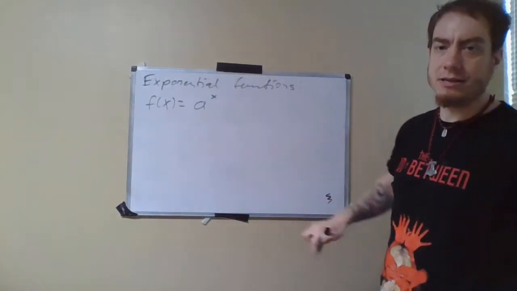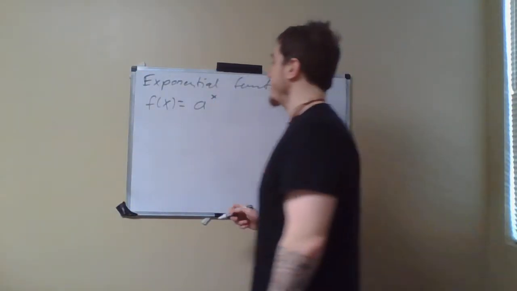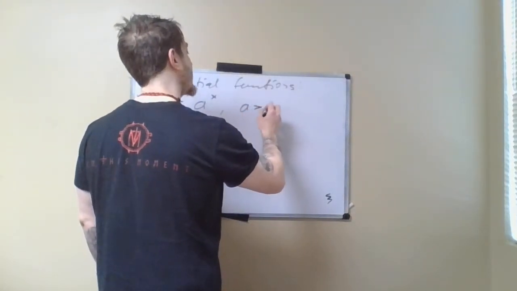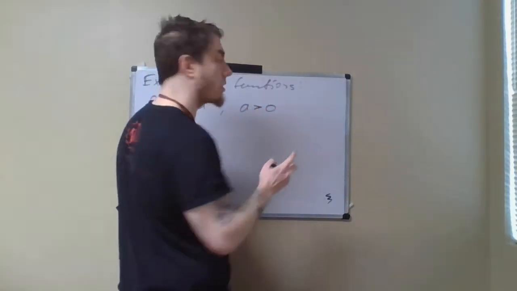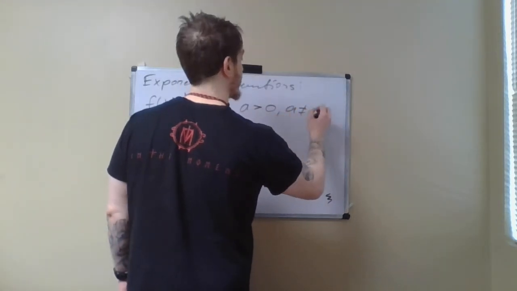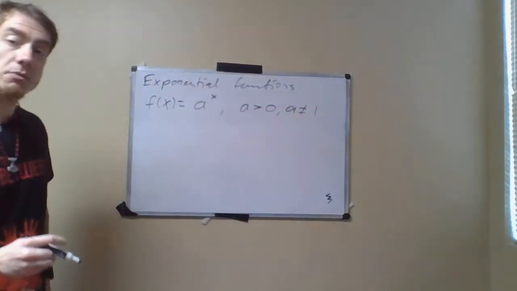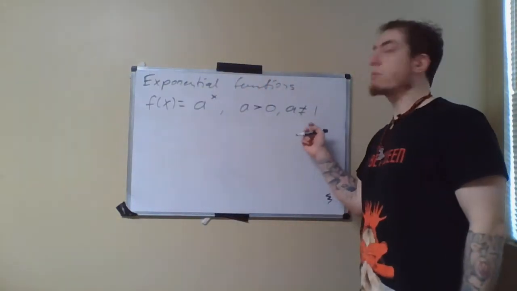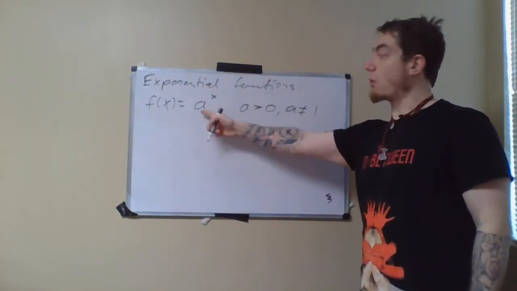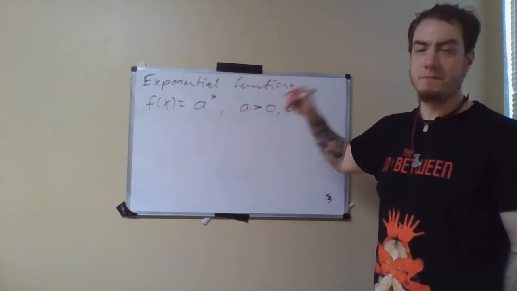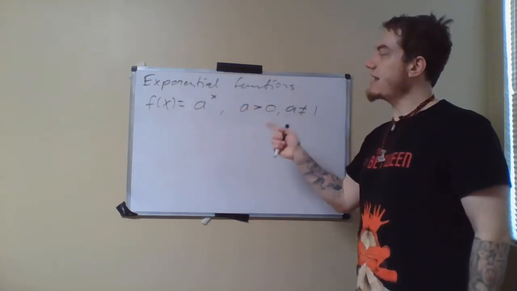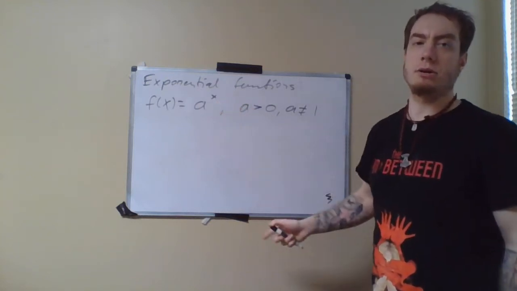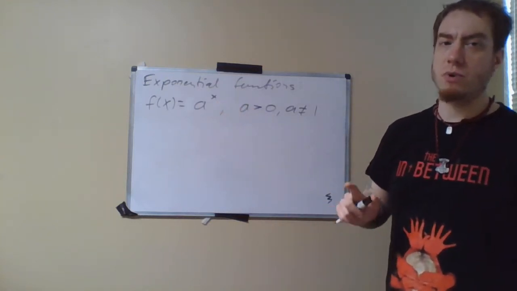And the conditions that we generally speaking want to have here are that a is a real number that is bigger than 0 and a is not equal to 1. The reasons we put those conditions on there is because if a were equal to 1, this would be very boring. This would be just a constant. And if a is negative, then we have to interpret what's going on here in terms of complex numbers rather than real numbers.